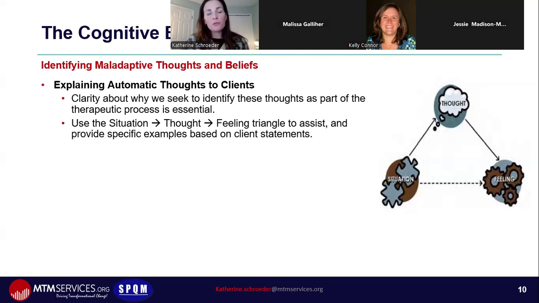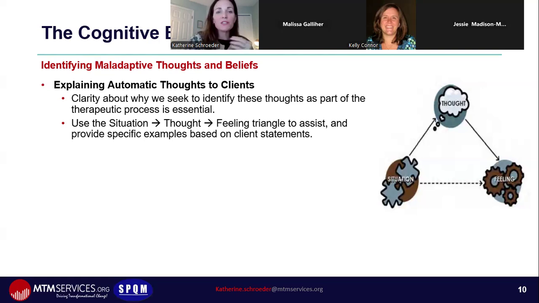So I'll sometimes use this triangle if they're a more visual person, and I'll be able to say to them, this is what you see happening, situation leading directly to feeling, what we want to work on. And the goal of us working on this cognitive element in cognitive behavioral therapy is to make you more aware of this thought that's happening in between. And that's what we're trying to do.